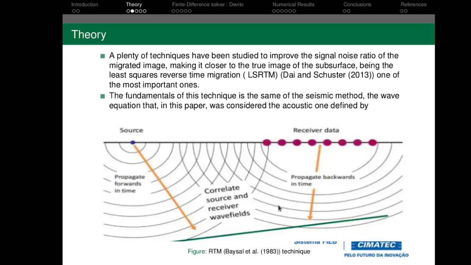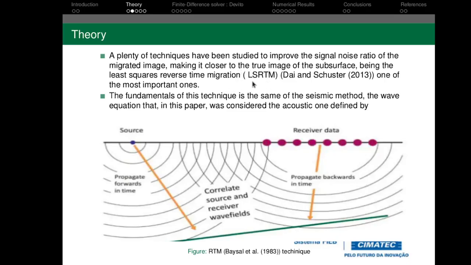And when you correlate and generate the image, we basically have some problems like noise. A specific noise called backscattering noise is a low frequency noise that makes it difficult to see the image properly.